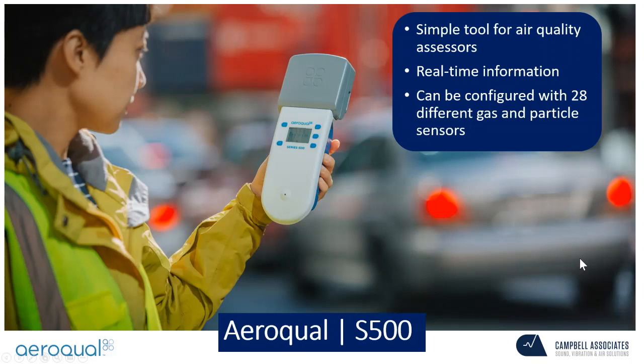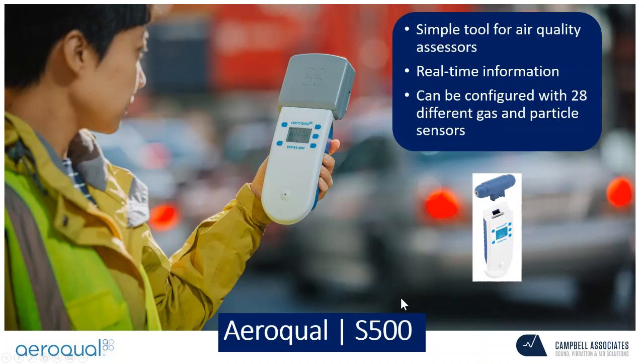Starting with our handheld device, this is the Aeroqual Series 500. This is a very straightforward device that is great for hotspot checkings and personal exposure studies. This monitor works with a base unit. The base unit is called Series 500, and we need to use a sensor head.